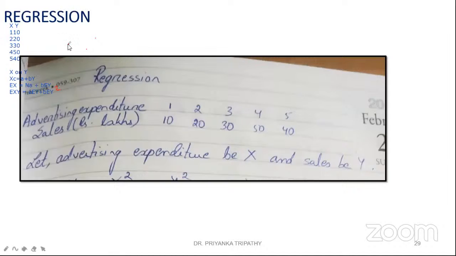So your first equation will be summation x equals n a plus b summation y, and your second one will be summation xy equals a summation y plus b summation y square. There will be two equations.